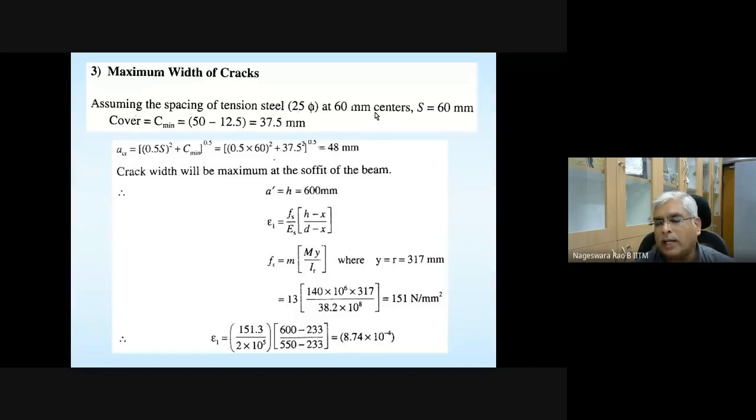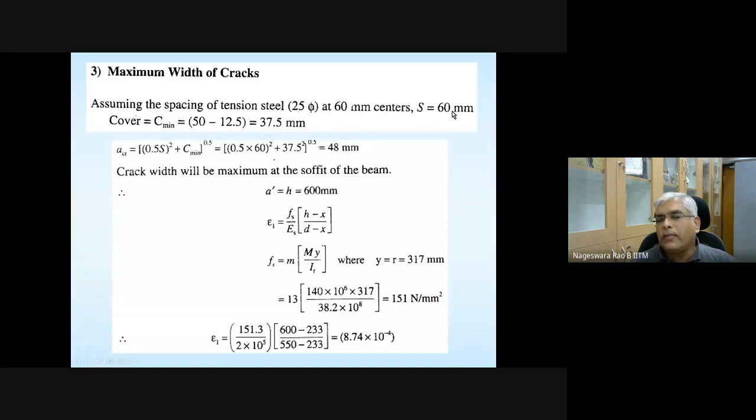So if you want to have a clear cover of at least some 40 mm or 45 mm, the rest is going to be your cover. Just think about it. Here it is taken as 60 mm center to center, so S is taken as 60 mm.